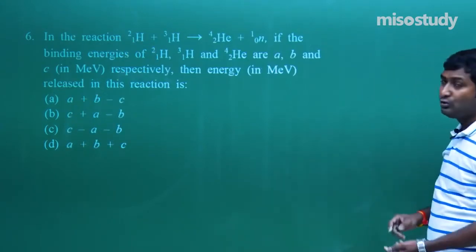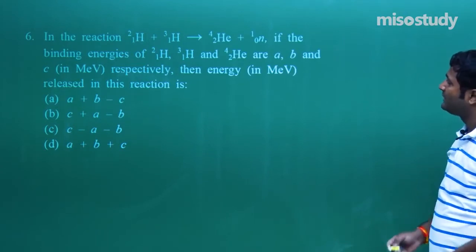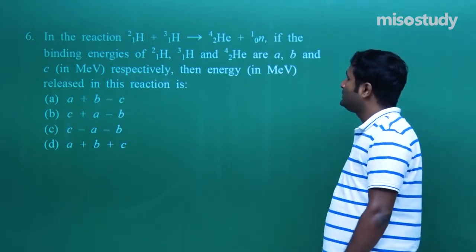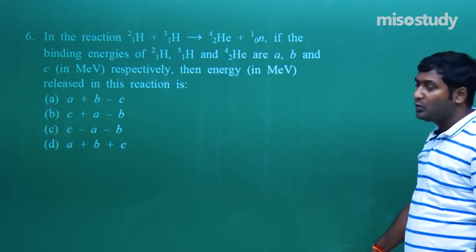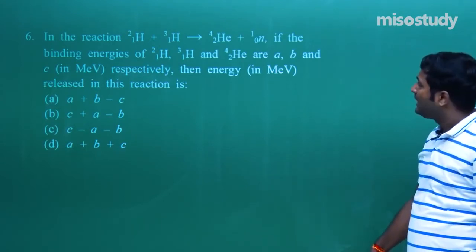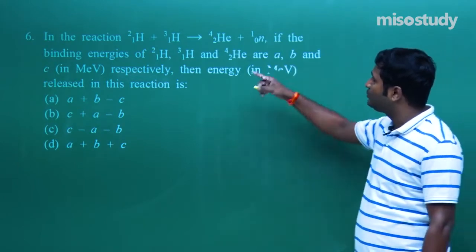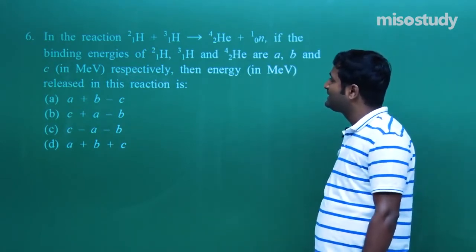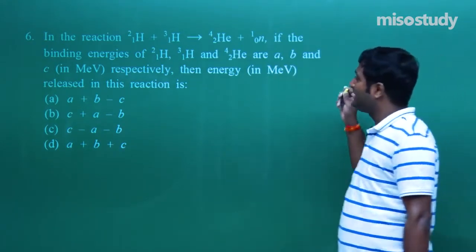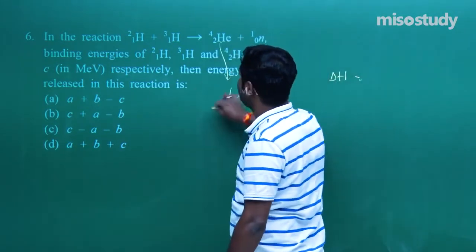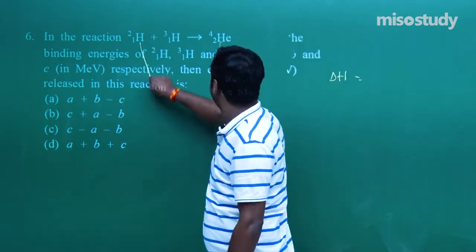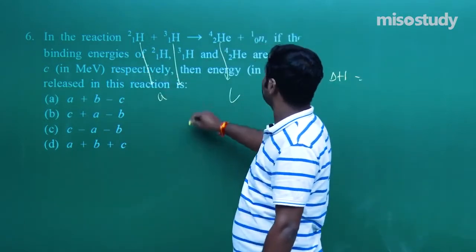Now question number 6. In the reaction 2,1H plus 3,1H gives 4,2He plus 1,0n, if the binding energies of 2,1H, 3,1H and 4,2He are A, B and C, then the energy released in the reaction, very simple, that is the energy released delta H will be equal to: here given C for 4,2He, A for 2,1H, and B for 3,1H.